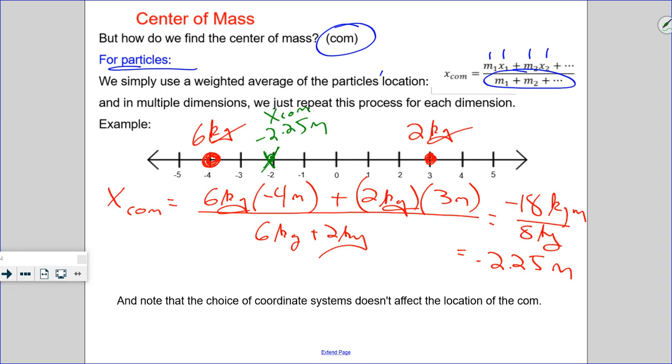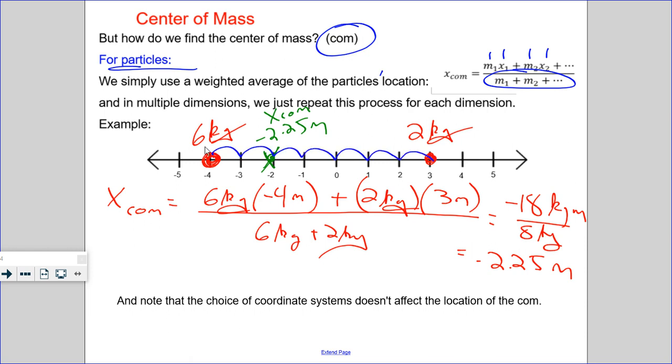Now, the other thing that is definitely worth noting is this. The choice of where you set your coordinate system doesn't affect the location of the center of mass. Okay? In other words, when I started this problem, we already had our number system set up. But basically what we've got here is a 6 kilogram thing that is 7 meters away from a 2 kilogram thing. Just to make sure you're clear, it's 1, 2, 3, 4, 5, 6, 7 meters.